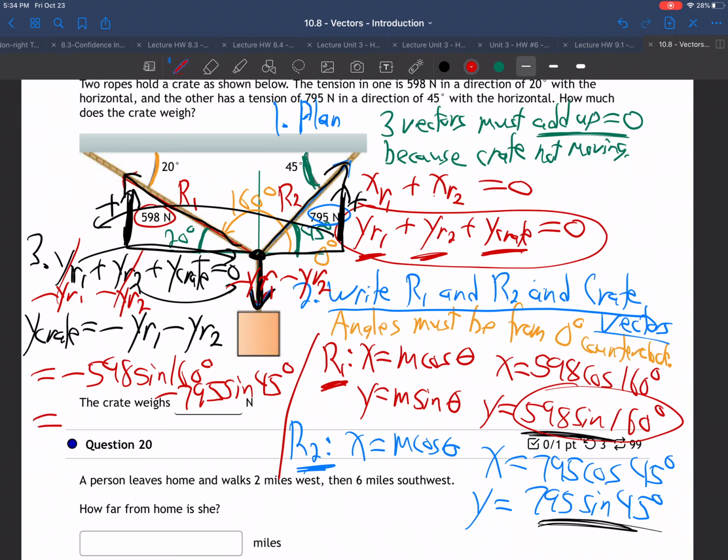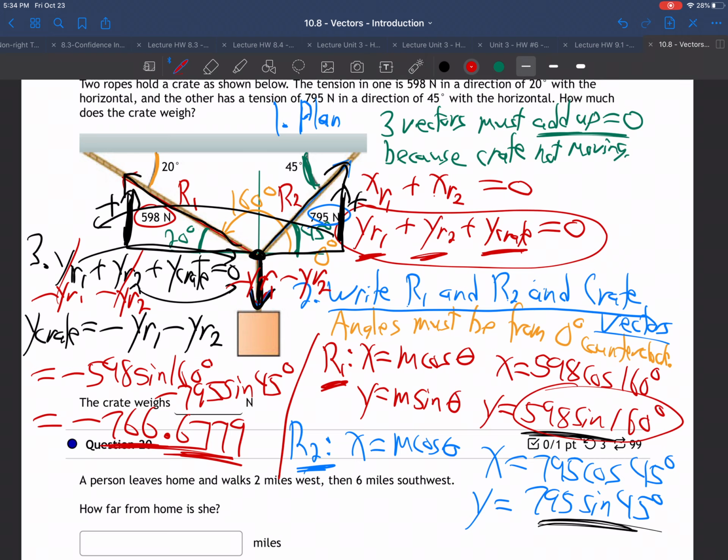So hit the buttons on your calculator. I'm going to do it. 598 sine. Make sure you're in degree mode. These are degree angles, obviously. I'm getting minus 766.6779. I don't know how many places they want us to round, but there it is.